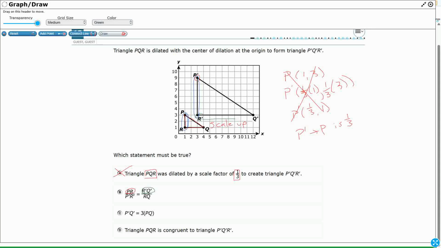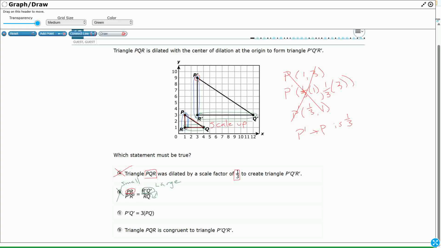RQ with R prime, Q prime, but you notice that they're opposite, right? This was the large triangle and this was the small triangle. And that's not going to work. If we were to flip these, we would have been good. We would have had the small to small and the large to large. So that's not going to work.